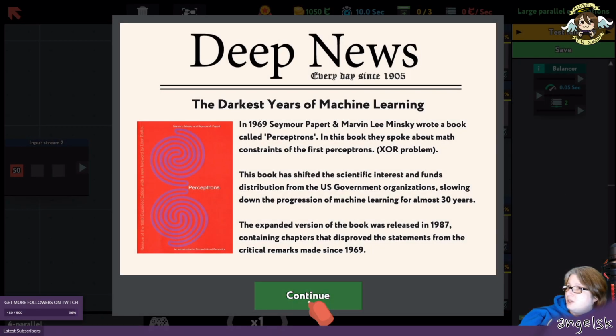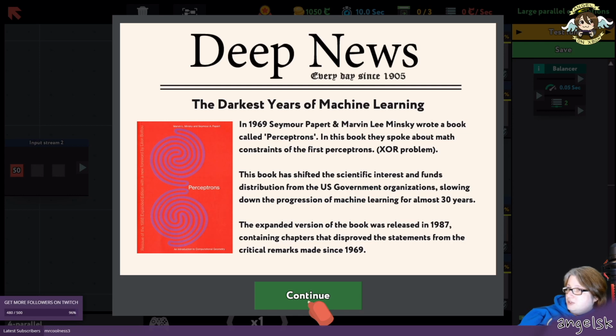Be careful. Alright, deep news. Every base since 1905. The darkest years of machine learning. In 1969, Seymour Papert and Marvin Minsky wrote a book called Perceptrons. In this book, they spoke about math constraints of the first perceptrons, the XOR problem.